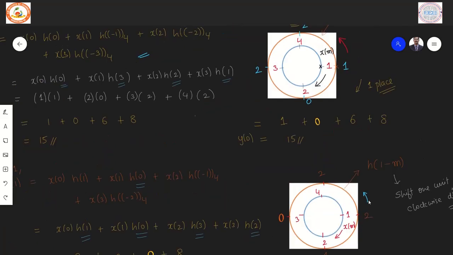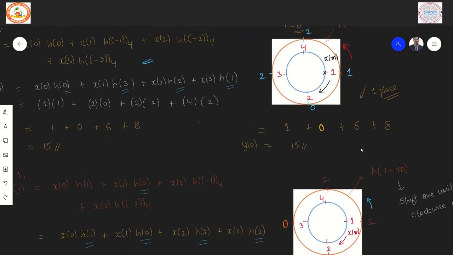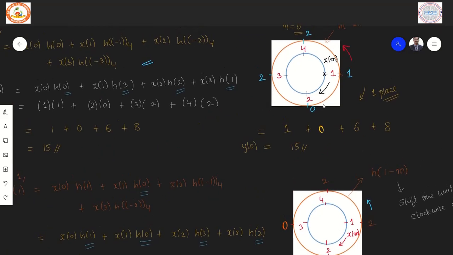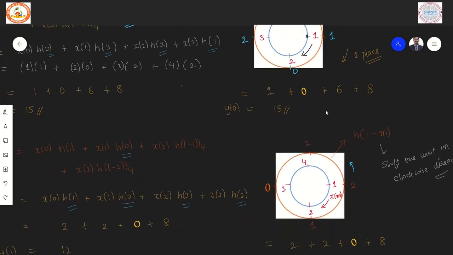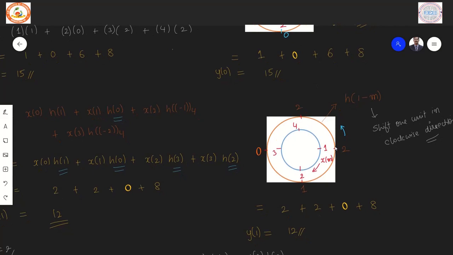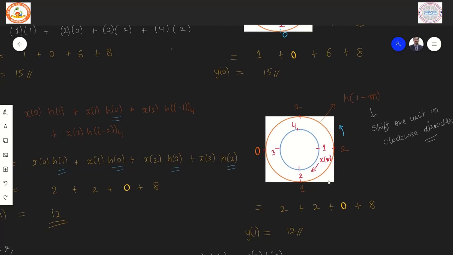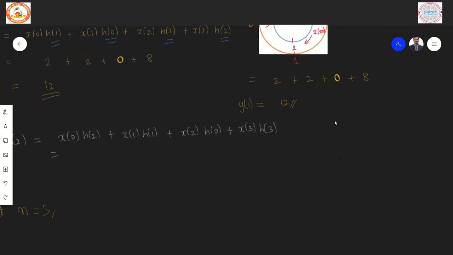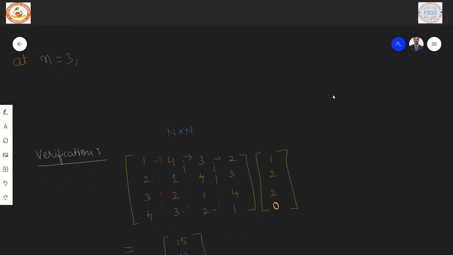Since you are rotating it in the clockwise direction, the value 1 will come here, the value 2 comes here, and like that each element is shifted one step in the clockwise direction. Again we perform the corresponding multiplication and the sum of that is the result, which is 12. Like this we can proceed and compute all the values.